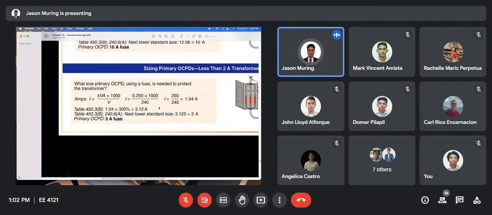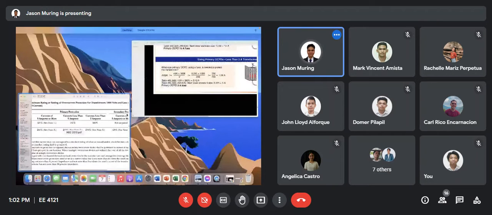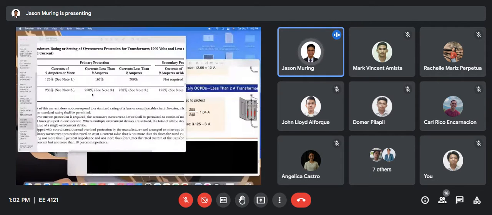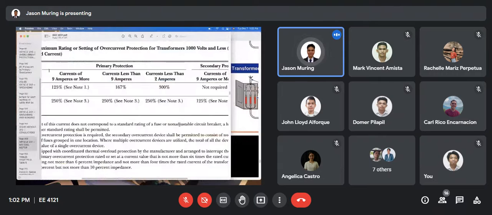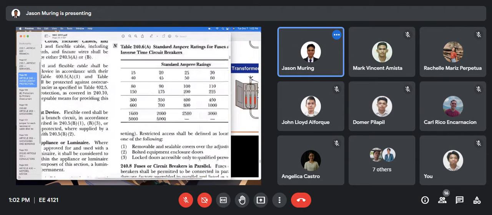So if we look at the standards, I'm not going to go there now because I might lose that page. Okay, so we have here standard 3. So we use 3. By the way, 3 is not common. So 240.6.